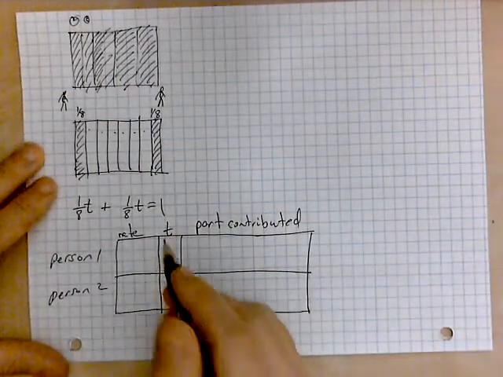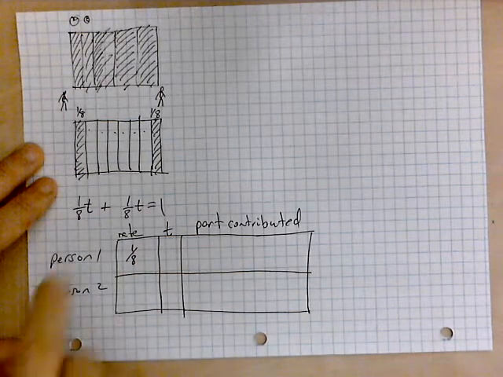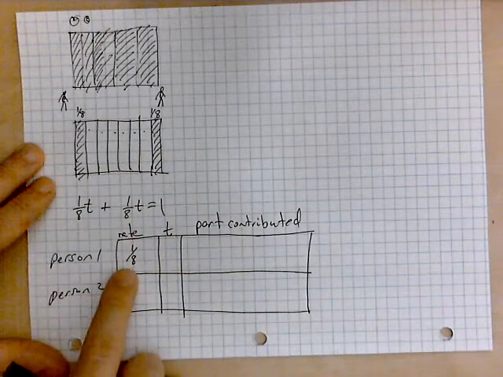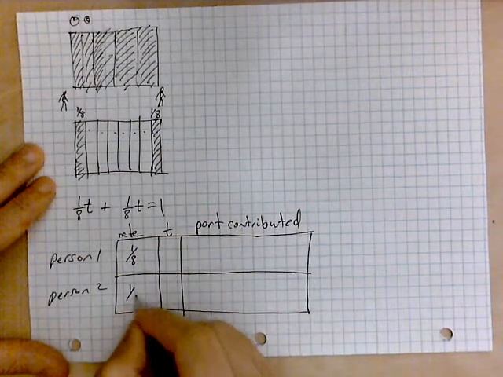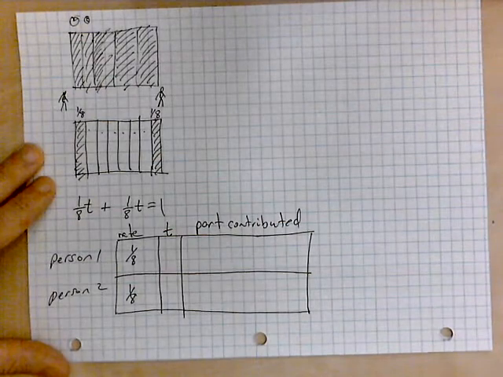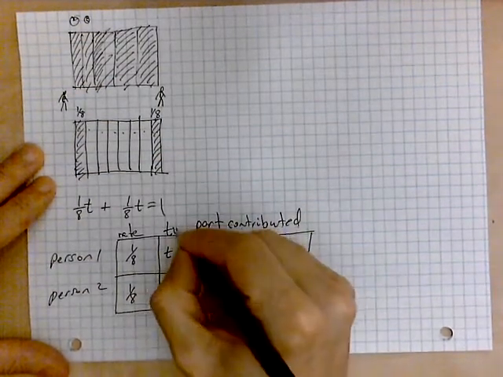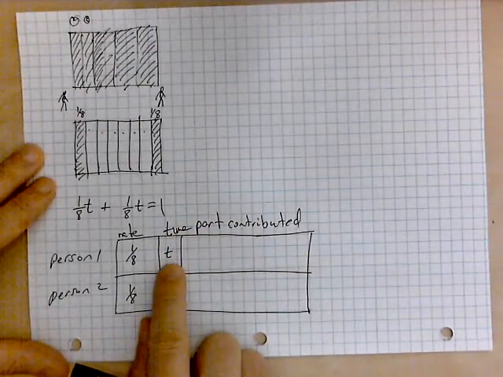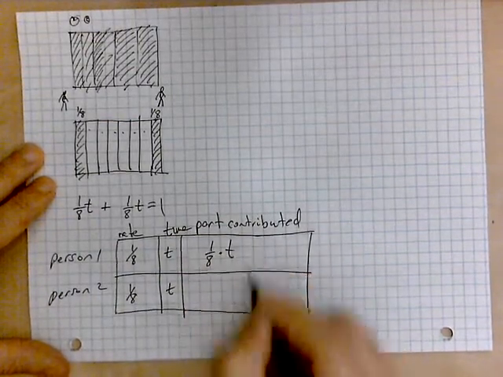So person 1 has a rate of work, say, of 1/8. You can think of this either as 1/8 of the wall, or as one wall every 8 hours. It has the same meaning. Same with the second person. The time they work together is unknown, so it is presented, of course, as the variable t. Within this period of t hours, person 1 contributes 1/8 times t.